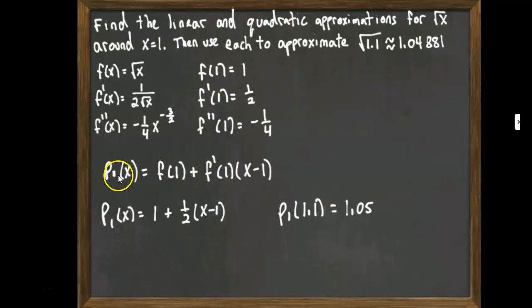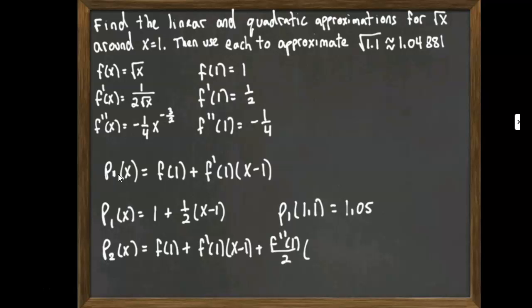And then we move on to P2. P2 is going to look just like P1, except it's going to have the additional term, f double prime of 1 divided by 2, where that's what our result from the last page said, times x minus 1 squared. So we're just going to plug in our number, which would be negative 1/4, divided by 2, to make that negative 1/8.